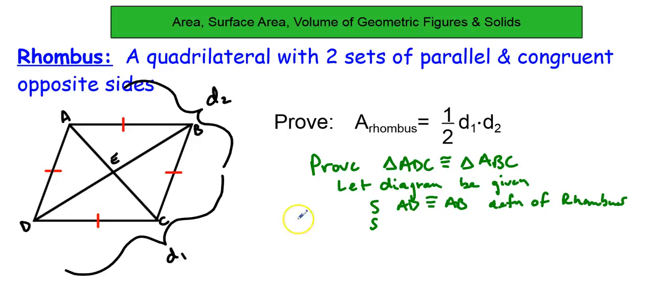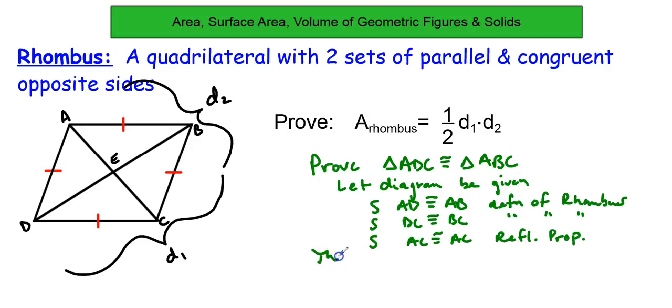Second side is DC, and that's congruent to BC, and that's by the same reasoning, definition of a rhombus. Third side is going to be this shared side here, AC. So AC is congruent to AC by the reflexive property.